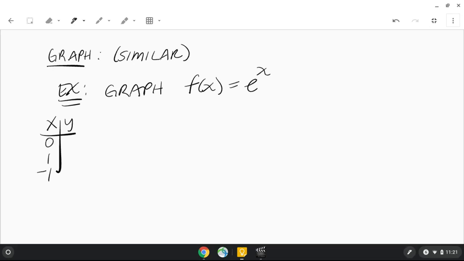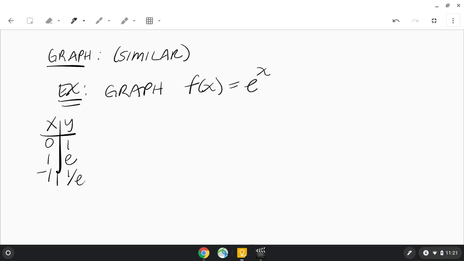These are all good numbers to try. e to the 0 is 1, e to the first is e, which is roughly 2.7, and negative 1 is going to give us 1 over e, or 1 over 2.7.